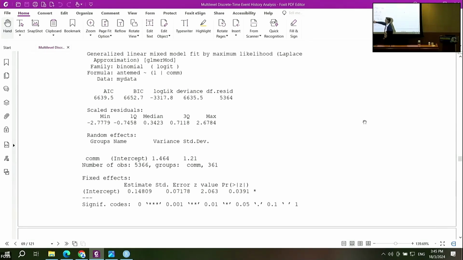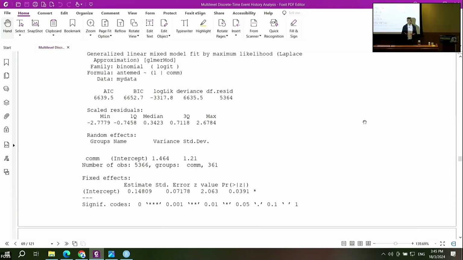So this gives us the group level variance. This is kind of interesting. It's giving us a standard deviation of 1.21 and a group level variance of 1.464.